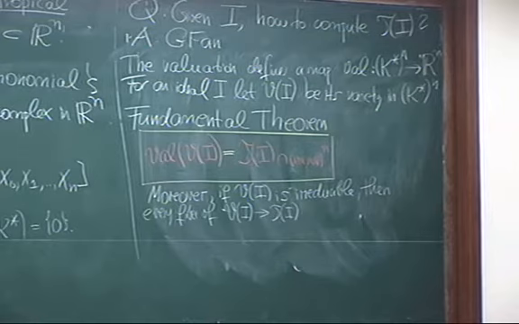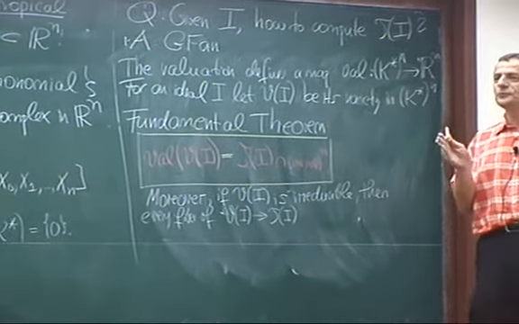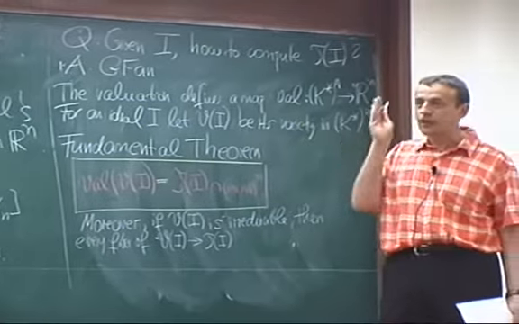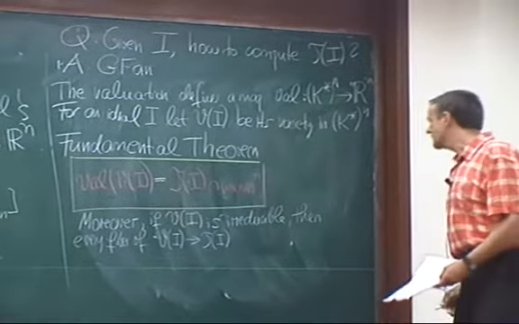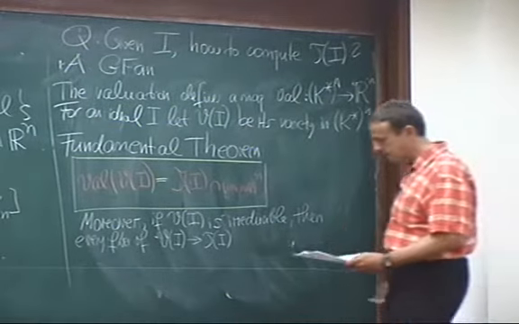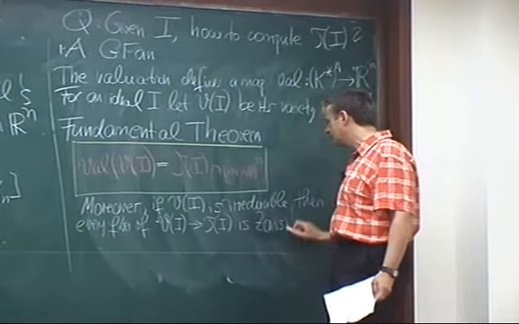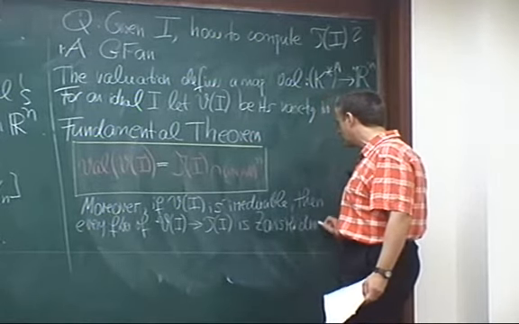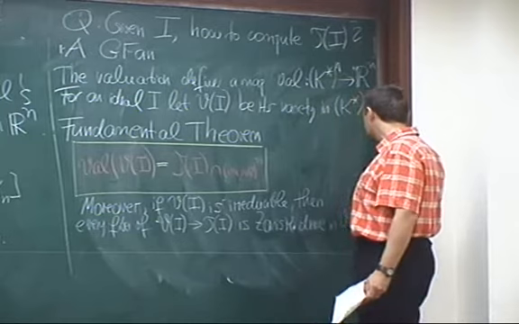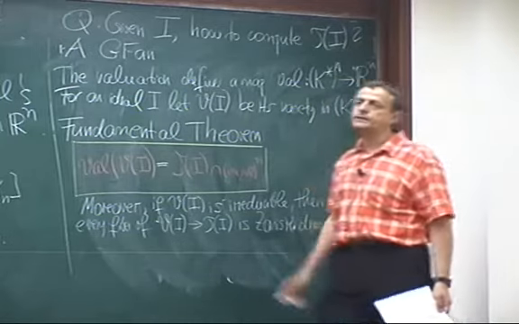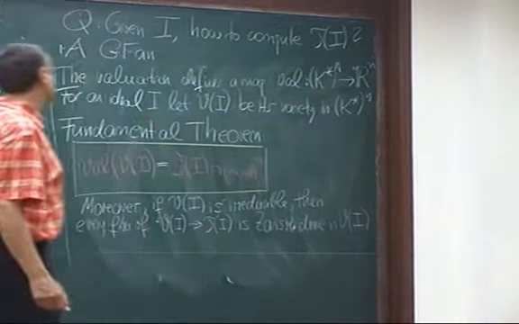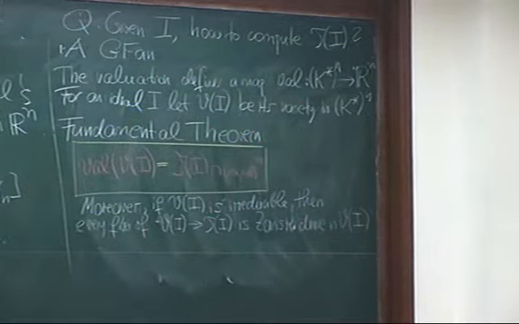It has lots of stuff in the fiber. To be really onto means that every fiber is big. There are lots of things that map to it. So if it's irreducible, then every fiber is Zariski dense in the variety. So this is a very strong form. It says it's not only onto, but there's lots and lots of things in the fiber. That's the fundamental theorem, and we're going to see some examples and uses of this in the exercises.